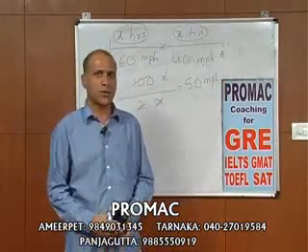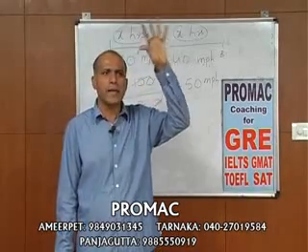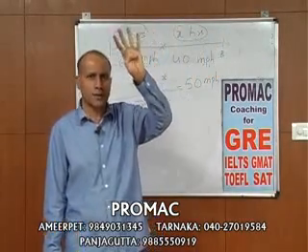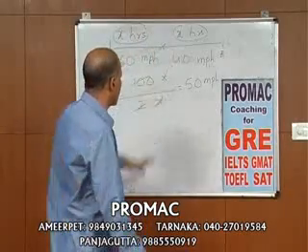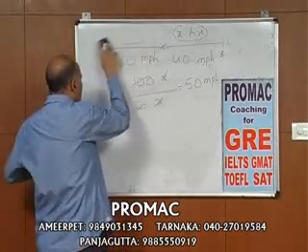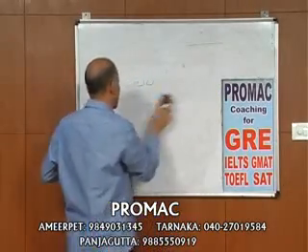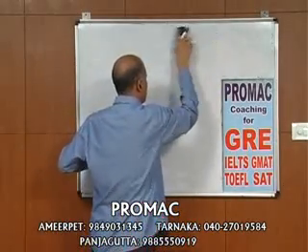So we understood the concept of mean speed or average speed. We learned that there are 4 variations that normally come in any test that you write on average speed or mean speed.